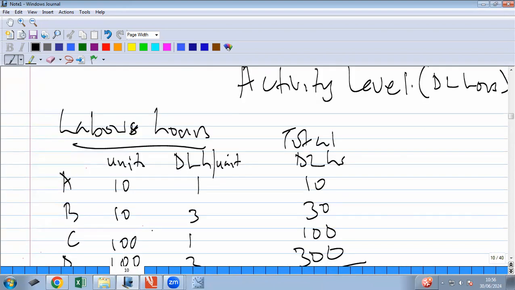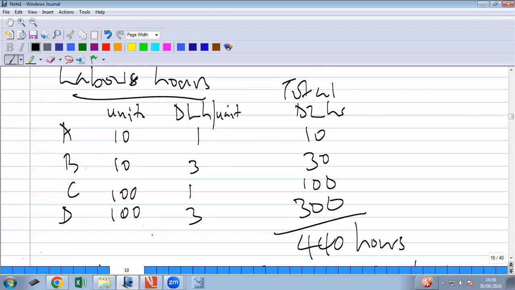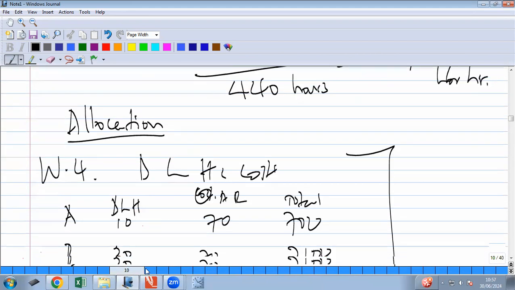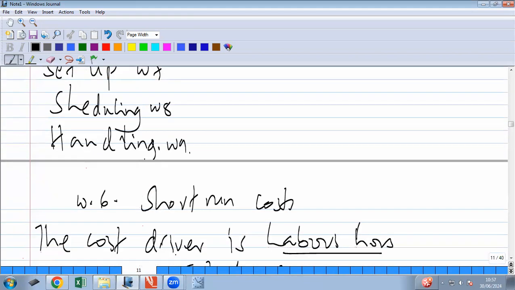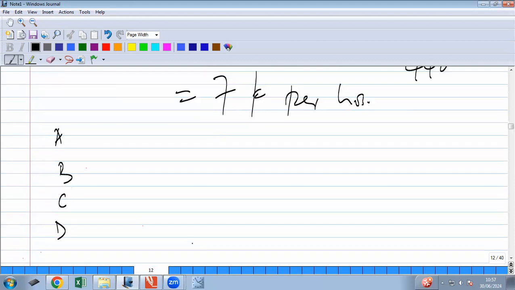If it's hours, is it per unit or for total units? If they're saying per unit, that means we need to multiply with the units, right? Is that okay? So if they're saying per unit, we bring here units. So we need how many units for A? 10, 10, 100, 100, right?